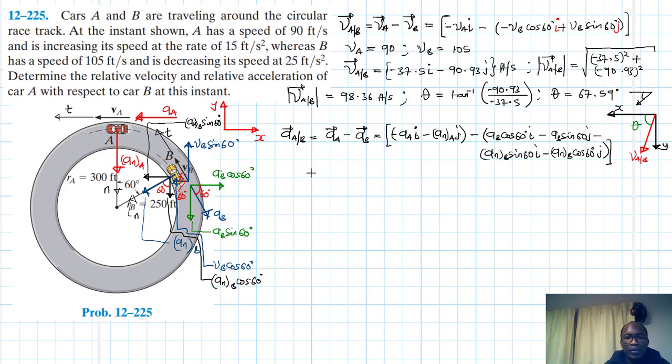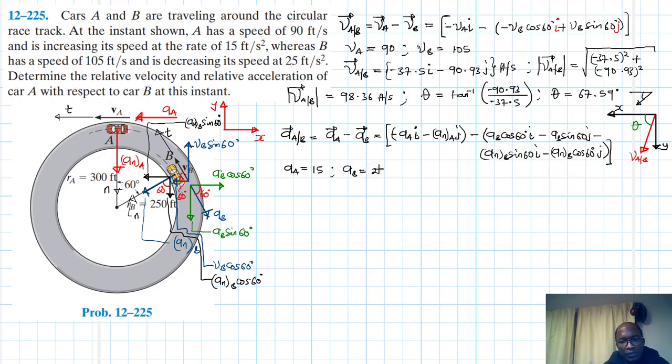All right, so we have AA equal to 15 feet per second squared. We have AB equal to 25.